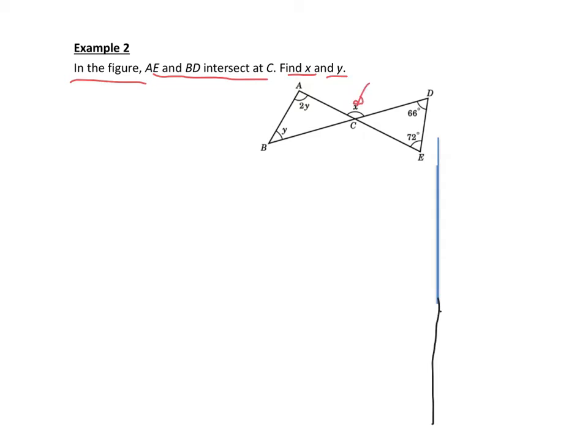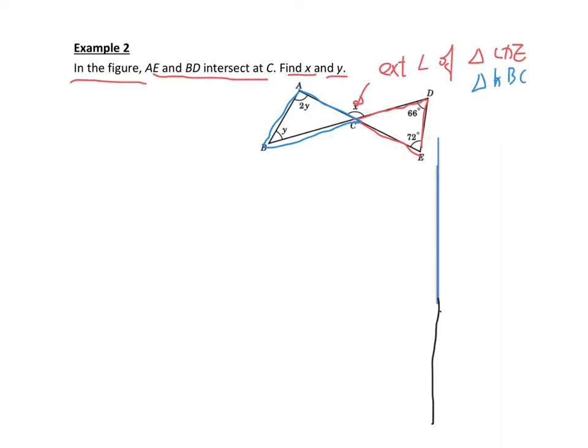We can see that x is an external angle of two triangles, including the triangle CDE and also the triangle ABC. So x is the external angle of triangle CDE and also the external angle of triangle ABC.